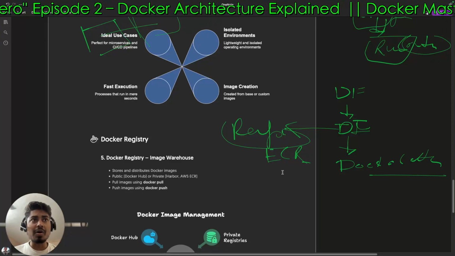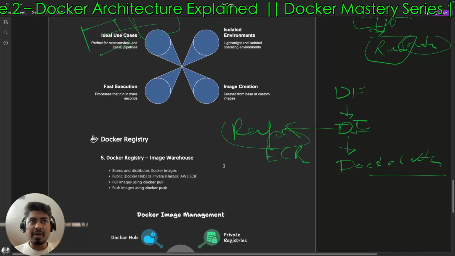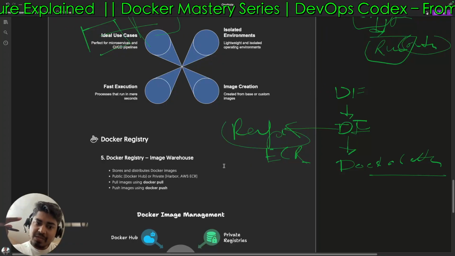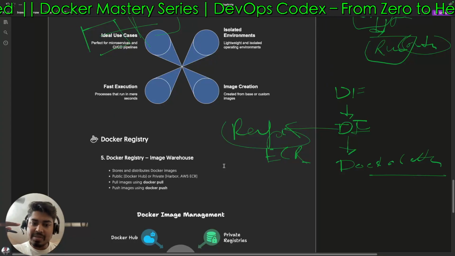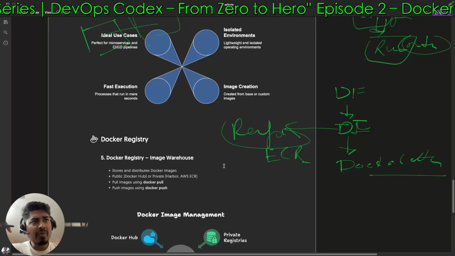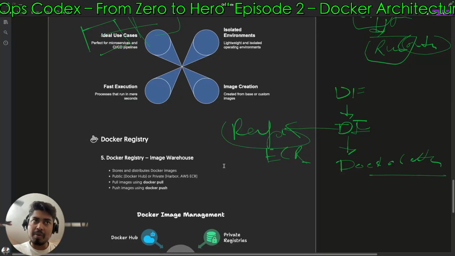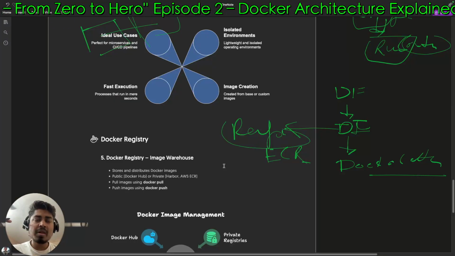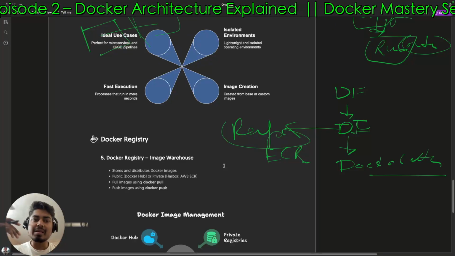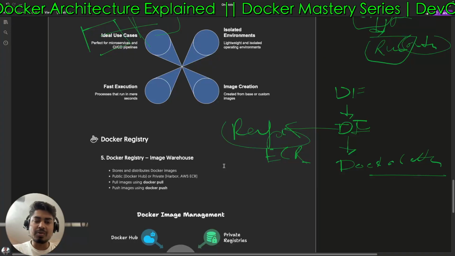That is called a Docker registry. It's a place where images are stored and we can easily share them. We can make our images public or private. If you have a private registry, you can easily share within your team.